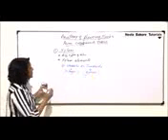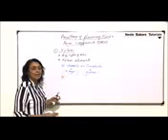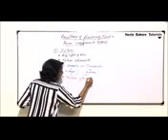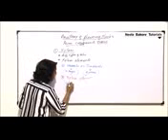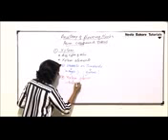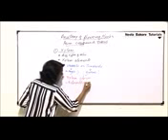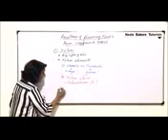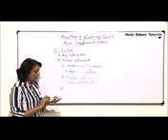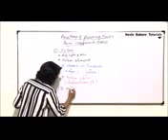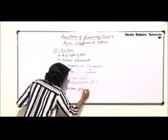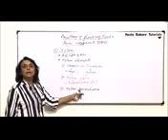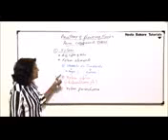The second type of cells found in xylem are known as xylem fibers, and xylem fibers are nothing but sclerenchyma fibers. These are long, slender cells. And the third type are called xylem parenchyma cells. As the name tells us, these are thin-walled parenchymatous cells.